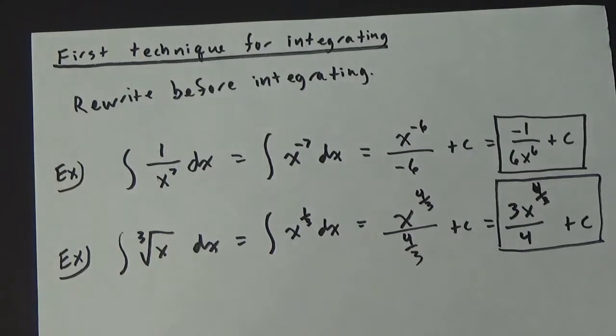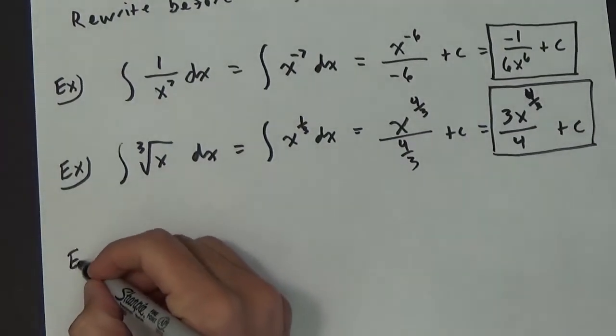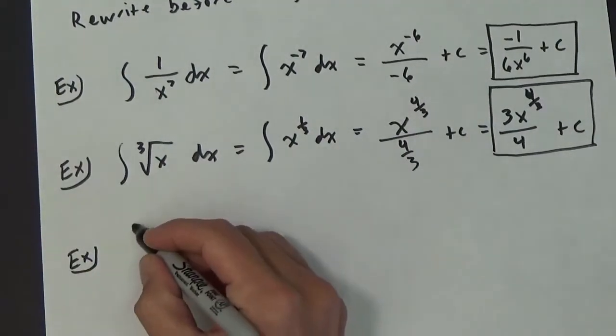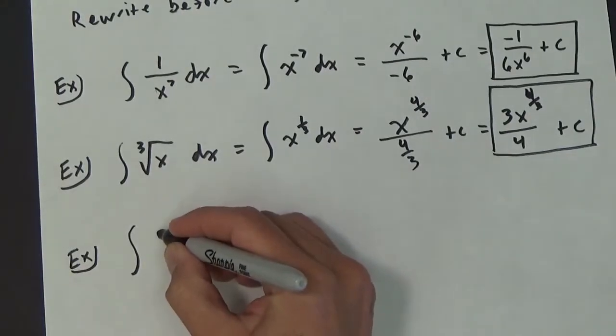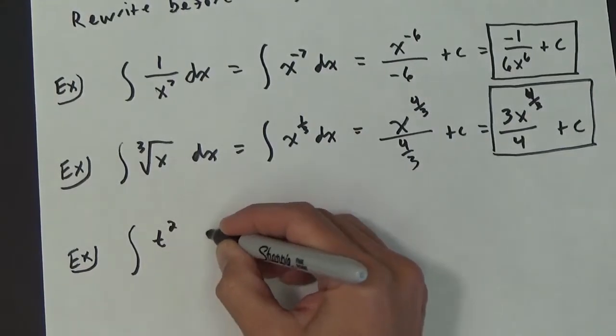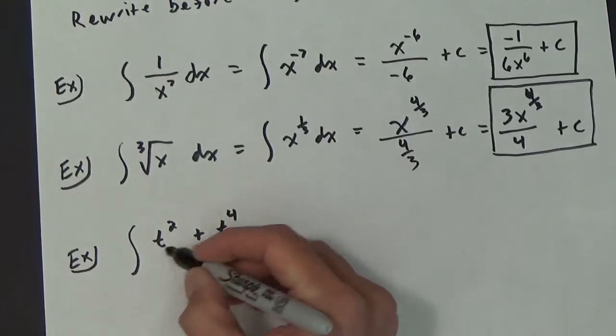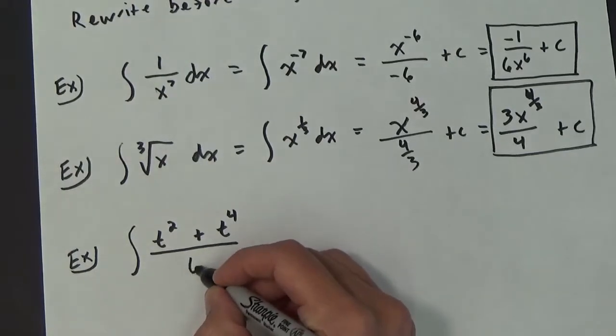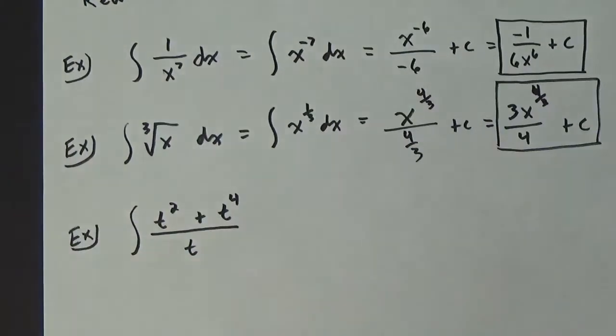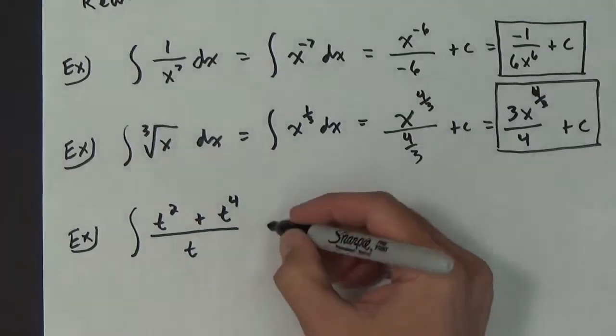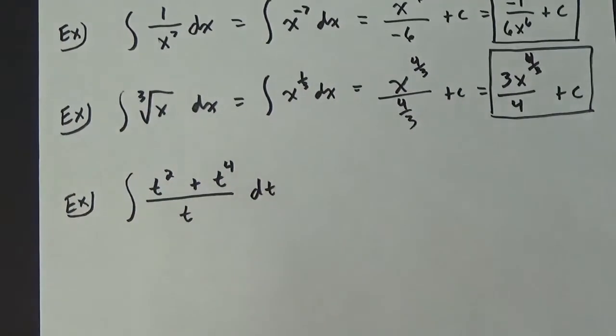Again, this is an extremely powerful technique, and it works well. Let's try one more. Let's say we want to take the integral of t squared plus t to the 4th, all over t, dt.